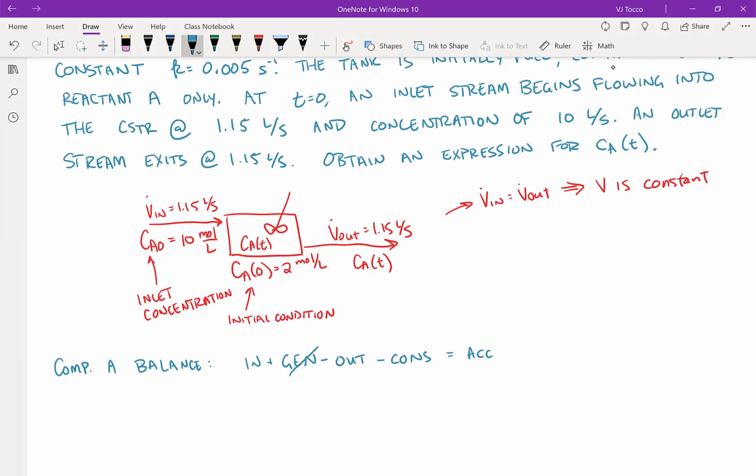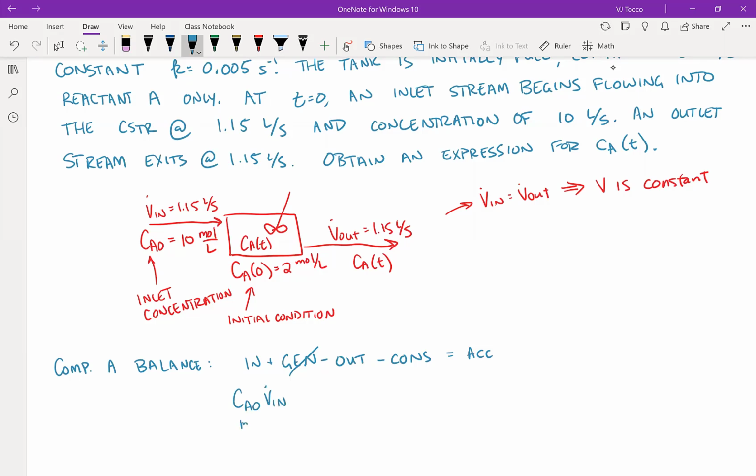So let's write it. I haven't written molar flow rates, but recognize that if I multiply V dot in times CA0, I'm going to have liters canceling out. That's going to be moles per second. So my molar flow rate in is going to be CA0 times V dot in.